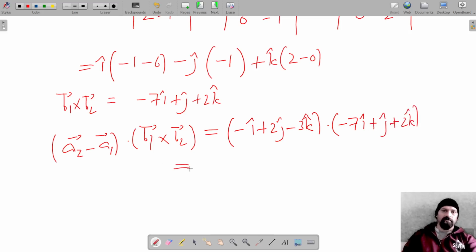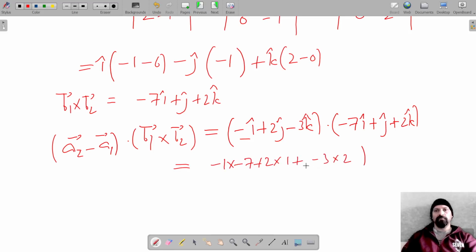And how do we find the dot product? Just find the product of the respective scalar components. So negative 1 into negative 7 plus 2 into 1 plus negative 3 into 2, which gives me 7 plus 2 minus 6, which is equal to 3. So this is 3.